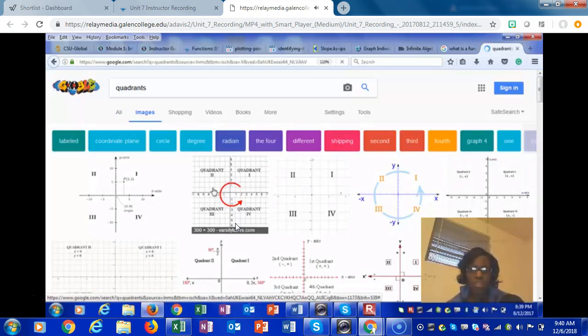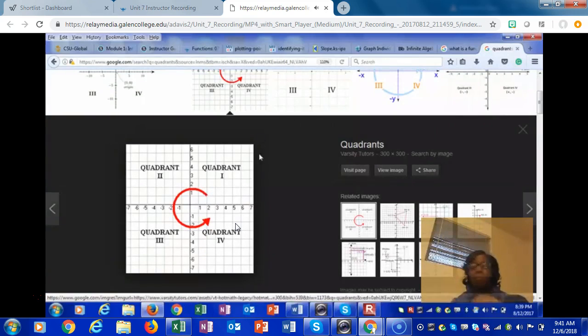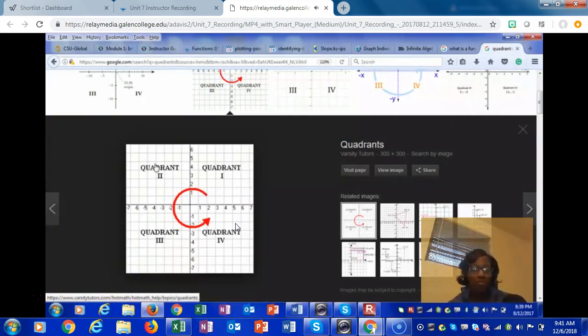All right, here's a perfect example. The quadrants are in counterclockwise motion. So the way the clock runs, not that way. It's the opposite way. So here's quadrant 1, quadrant 2, quadrant 3, and quadrant 4. Quadrant 1, as you can see, has all positive numbers. Positive x's, positive y's.